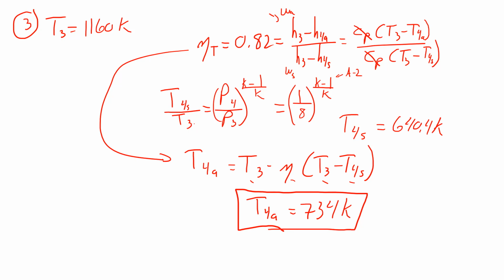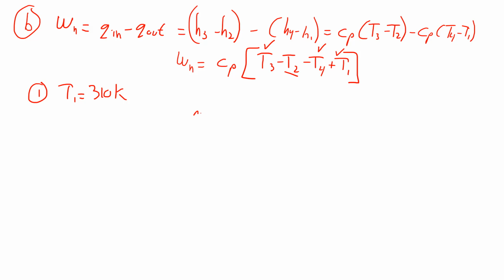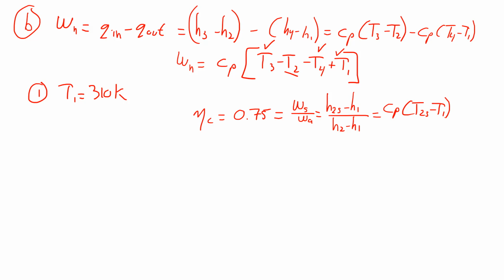So I'm going to go ahead and write out that I have an isentropic efficiency of my compressor of 0.75. That's going to be the isentropic work over the actual work. These are in specific terms, so that would be H2 isentropic minus H1 divided by H2 minus H1, which ends up being Cp T2 isentropic minus T1.